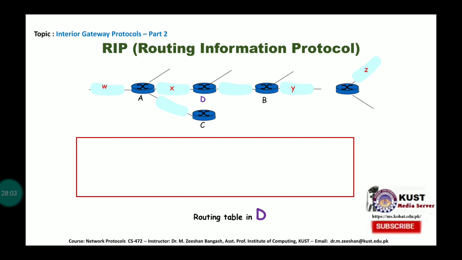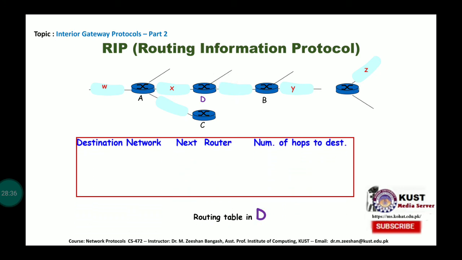If we summarize this diagram, router A is connected to network W, and through network X, and to a network which is unknown. So this router has 3 interfaces, and this router has 4 interfaces. So the 3-interface connection has been shown. Similarly, the other routers are connected to different networks, and the interfaces have been shown.